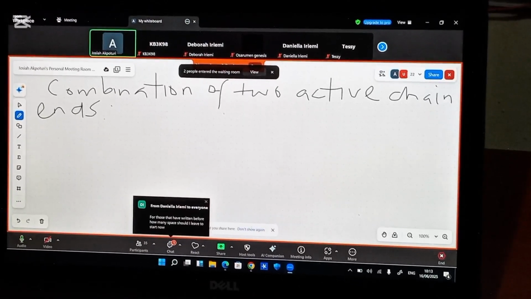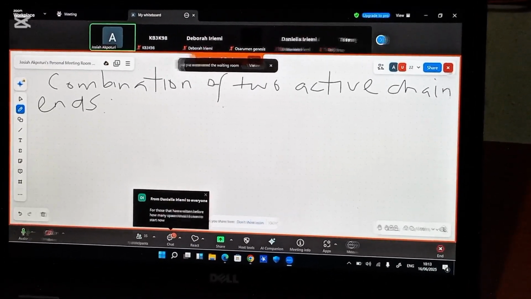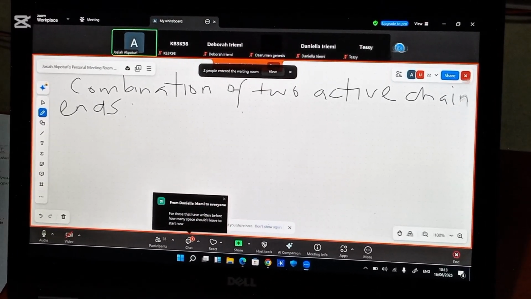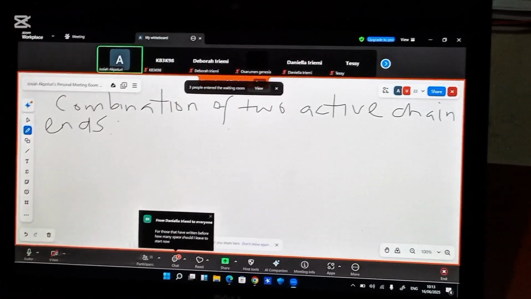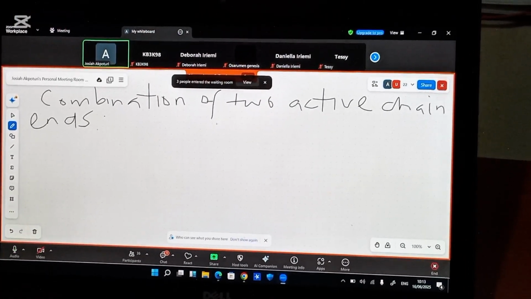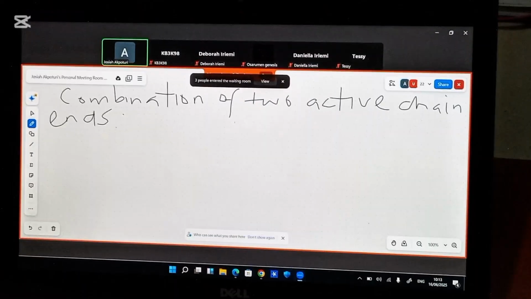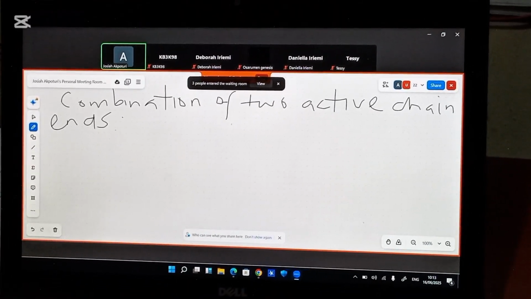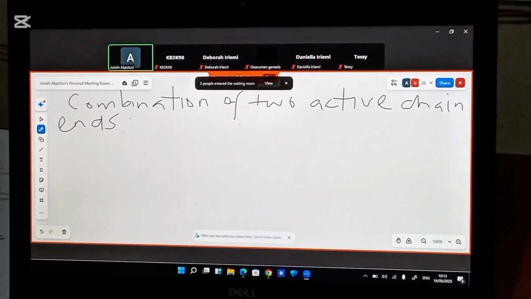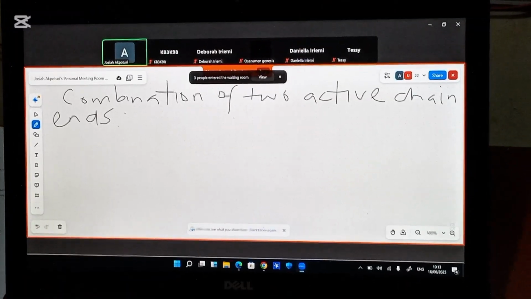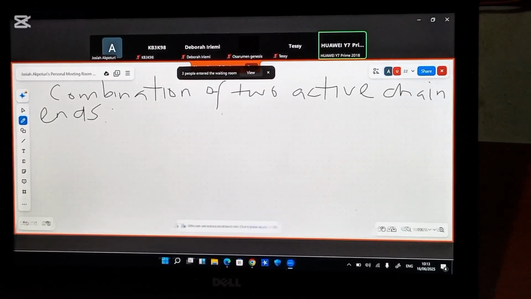If you have written that, I want to tell you what it means now. It means that the active end of a radical is a carbon atom with an unpaired electron.